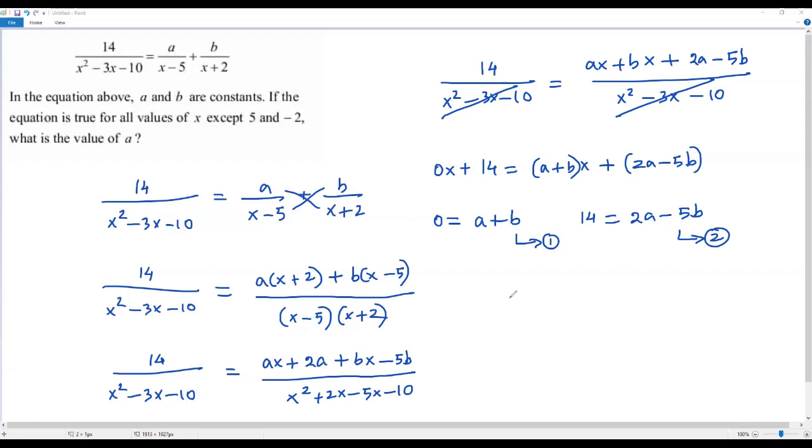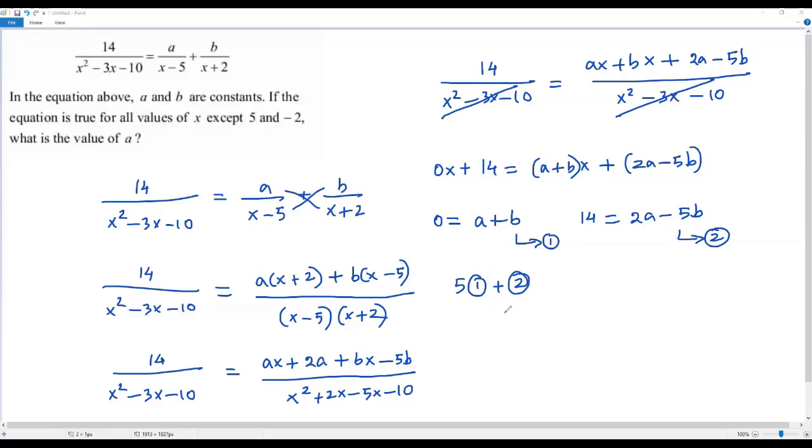For that, let me multiply equation number 1 by 5. When I multiply equation number 1 by 5, this b will become 5b. And when I add it to the second equation, the 5b and −5b will cancel out. Okay, now let me multiply the first equation by 5 and also add the second equation to the result.